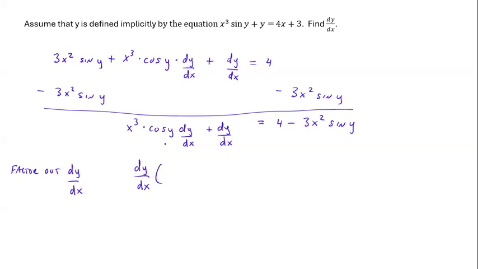If we take it out of this first term, that's going to leave us with x cubed cosine of y. If we take it out of the second term, keep in mind that's going to leave a 1 right there. And our right-hand side is not going to change. That'll stay the same: 4 minus 3x squared sine of y.